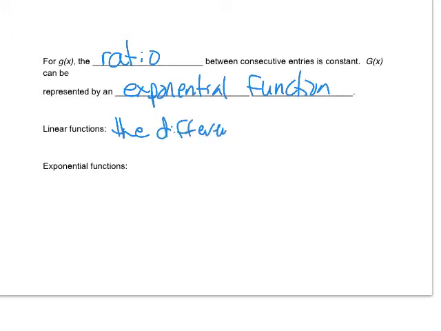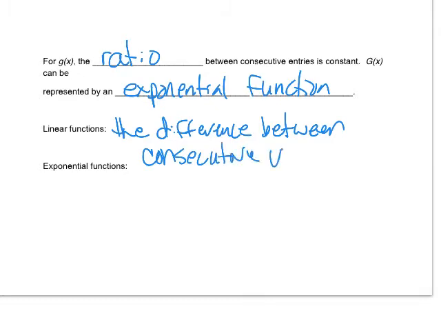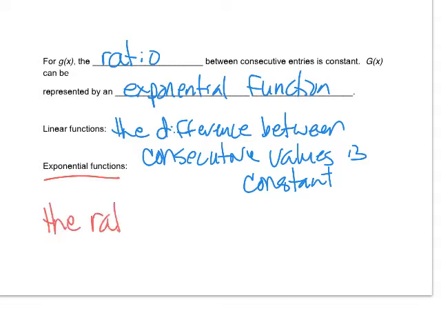For exponential functions, the ratio is constant. The ratio between consecutive values is constant. It's always the consecutive values.